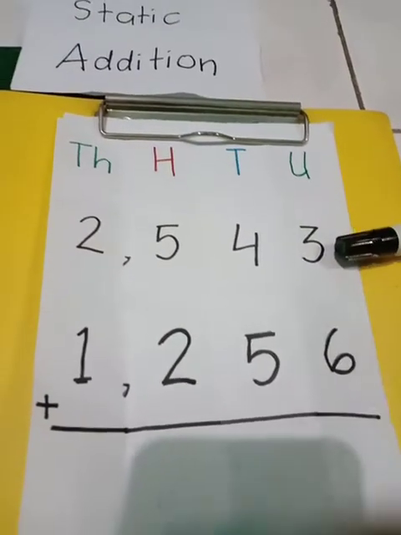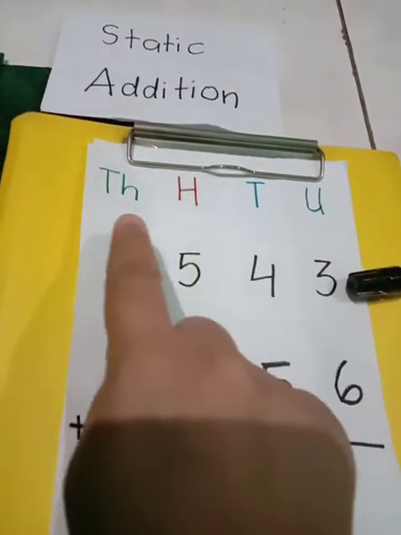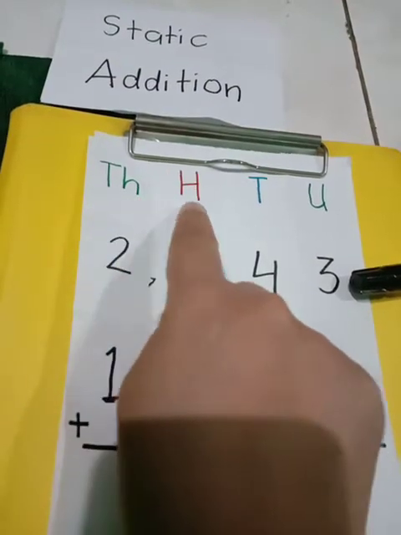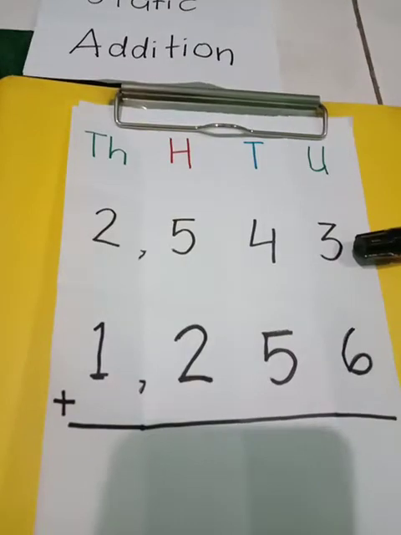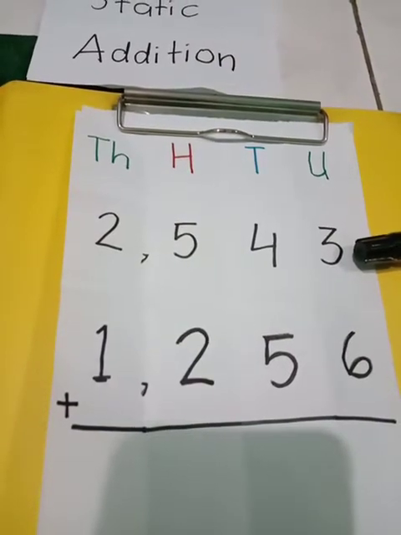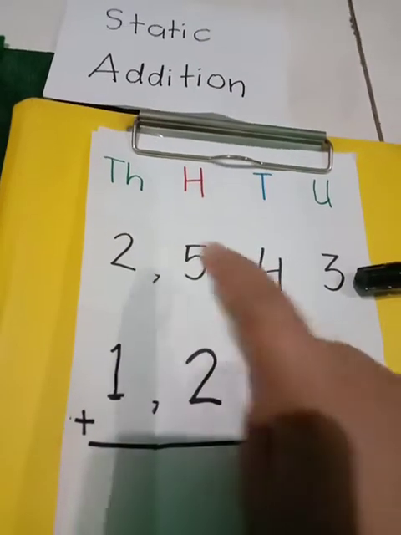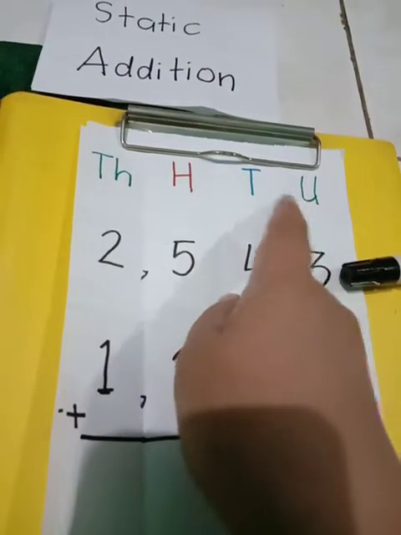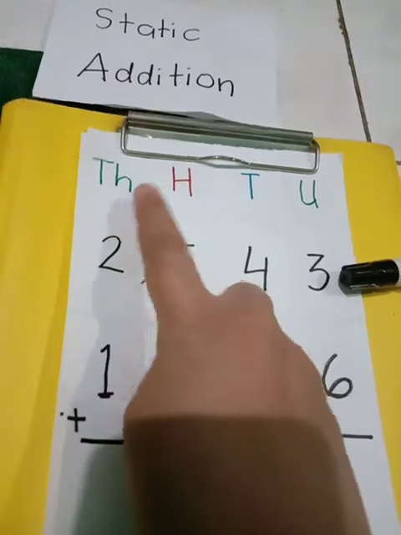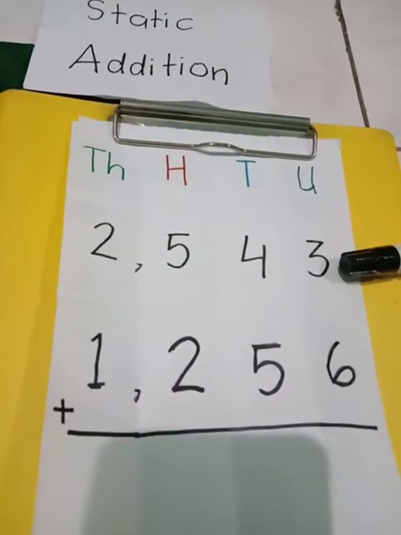This is the first addend. And do you see the value up here? Later on, when you do the math problems at home, do remember to also put the value on the top. That will make it easier for you to do the work.